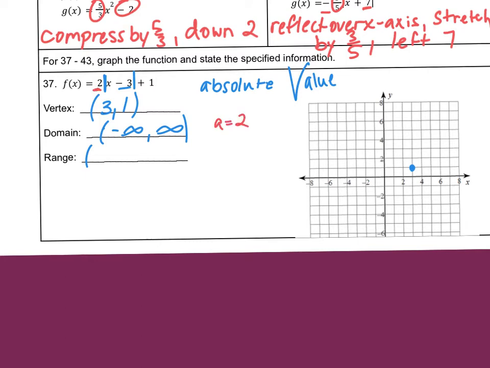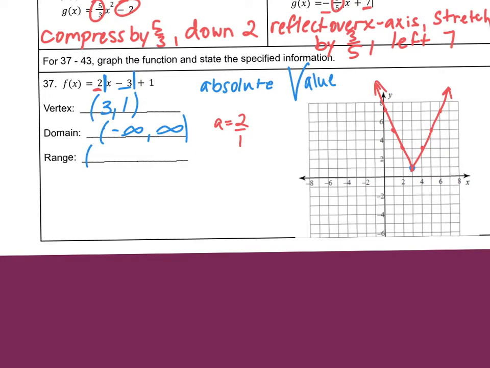Well, 2 is actually just going to be the slope, which is 2 over 1. So up 2 over 1, up 2 over 1. That gives me half of my V. And I know that it's going up, so I'm going to just reflect, up 2 over 1, and it gives me the other half of this V. Now I can look and see the range, okay?